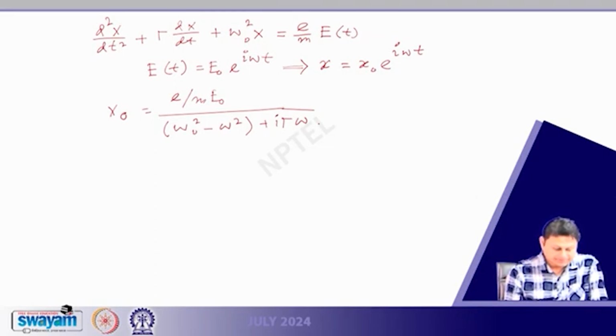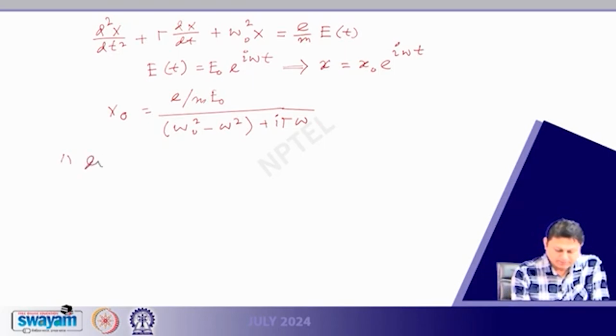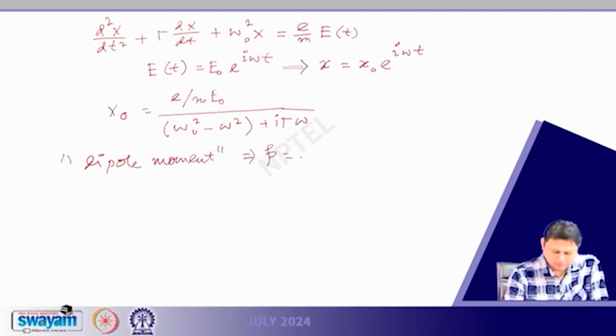Now the point is, what is the dipole moment? So from here I can find the dipole moment: small p is equal to e times x, and this is the x we have.